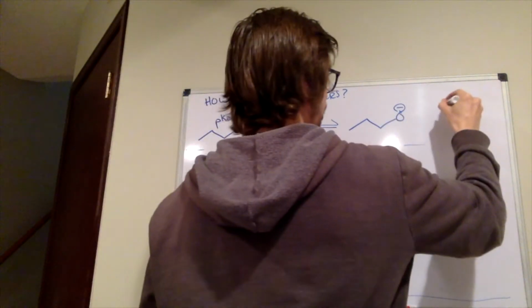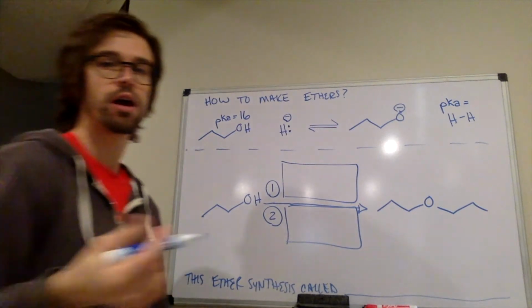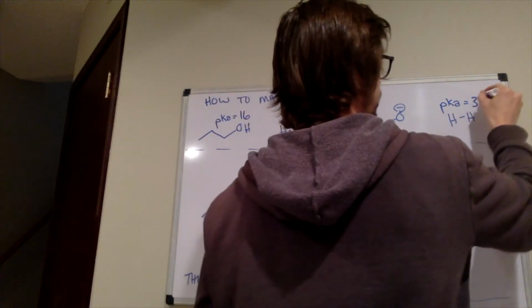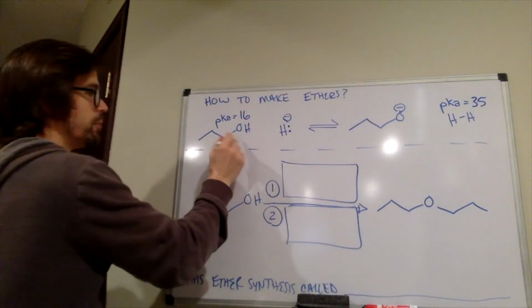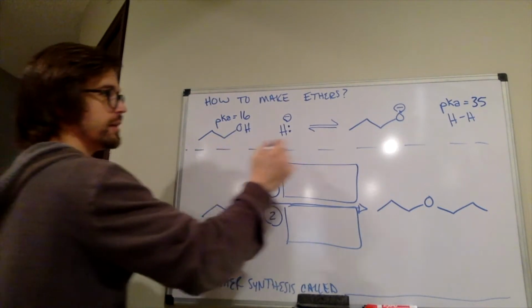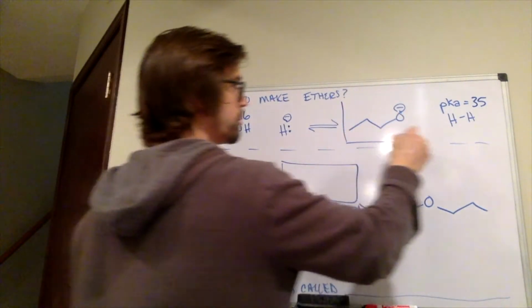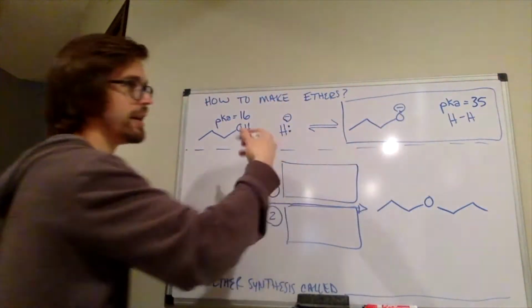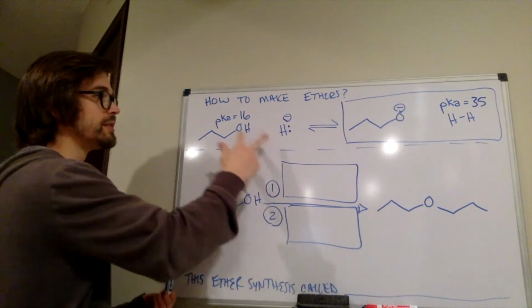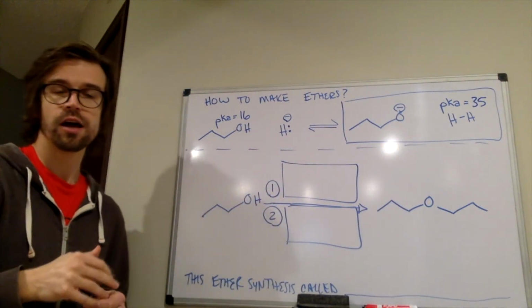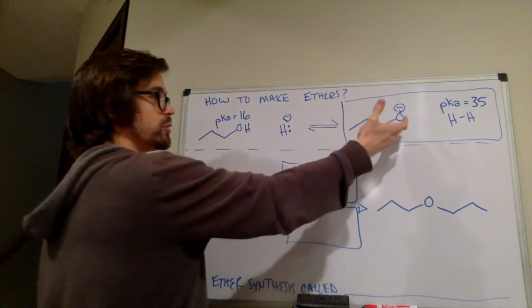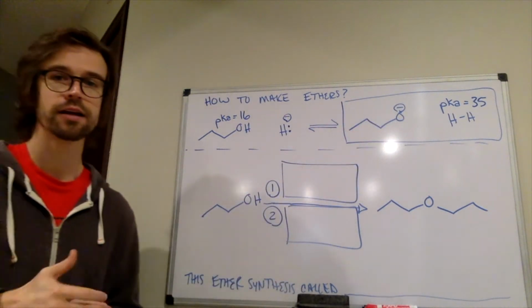And what's our pKa of H2? This is also on our pKa table. We should know the pKa of H2, and that is 35. So this is a much stronger acid than that, so the equilibrium will fly over to this side in an instant when you mix these two reactants. So that's going to quantitatively provide us with our O- alkoxide.